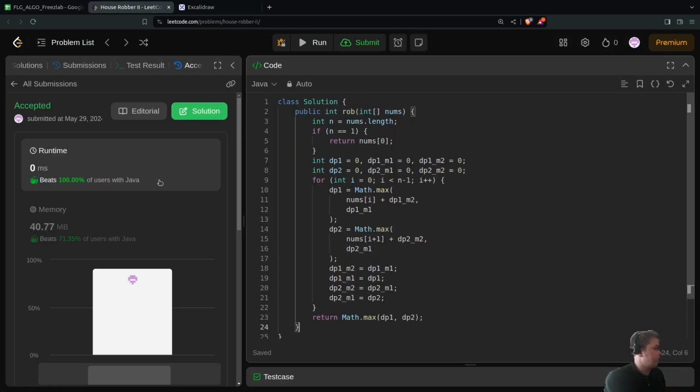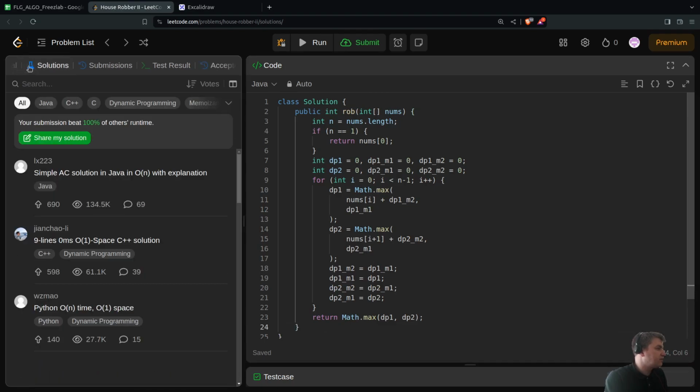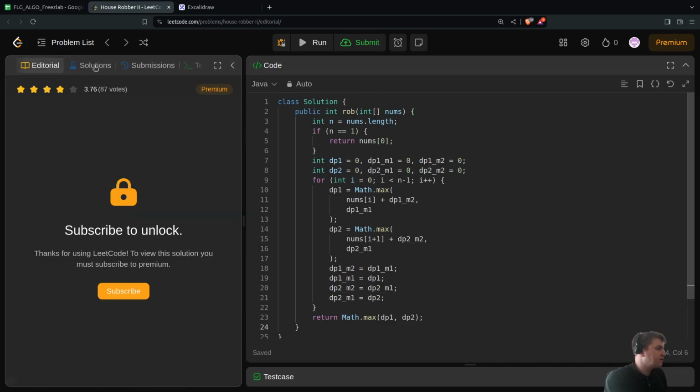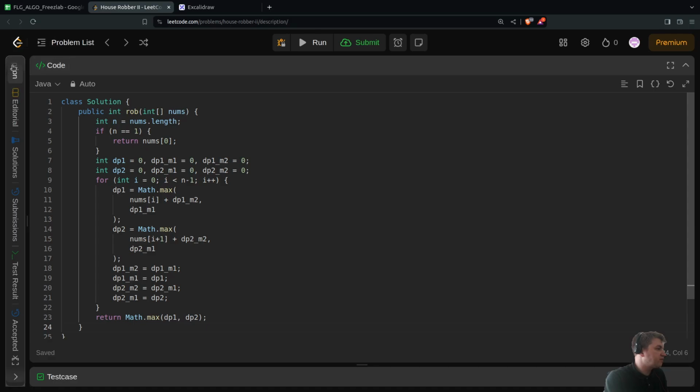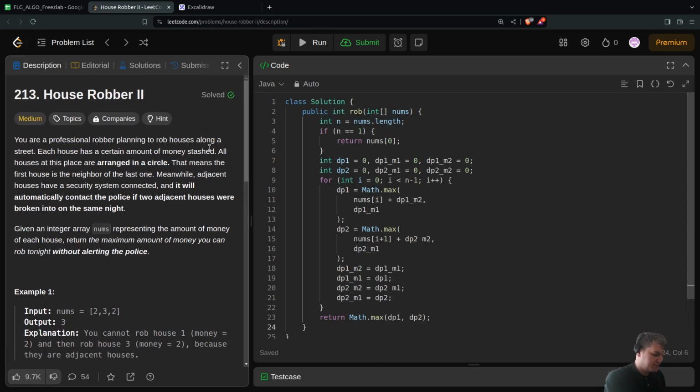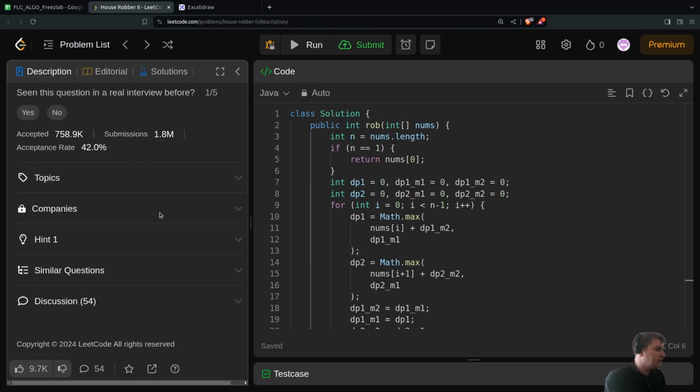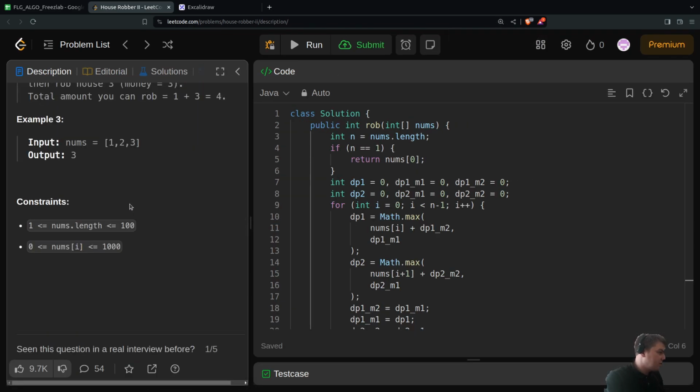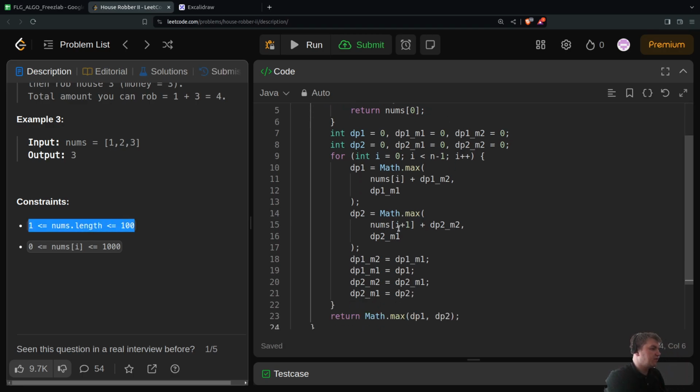This was House Robber, the second version of this problem. And the conditions are pretty relaxed here.